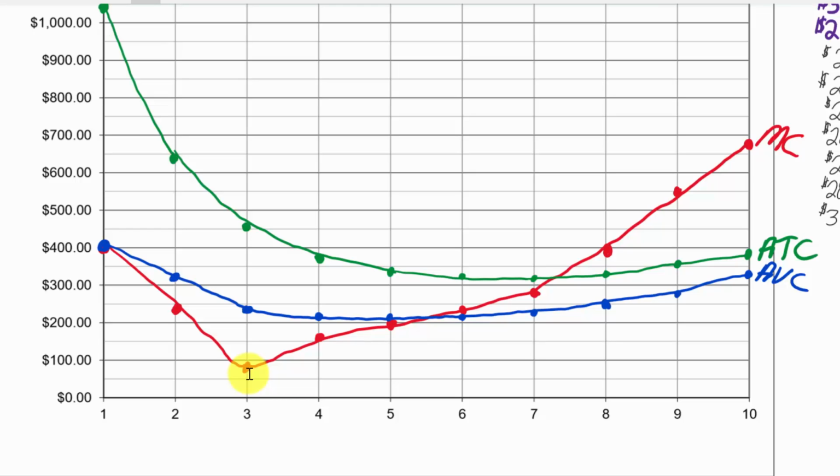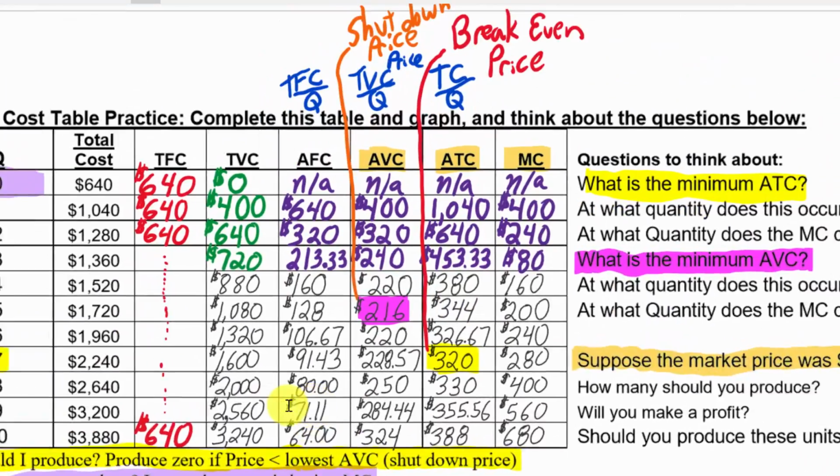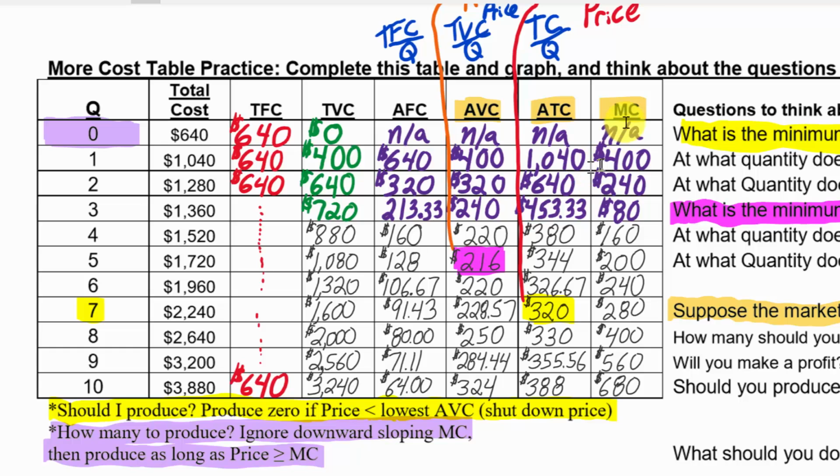So that's why we say ignore those first few units where it's downward sloping. Or if you're looking at a table, we can just look here at marginal cost. Ignore the marginal costs where they're decreasing. Start here where the marginal cost hits a minimum.